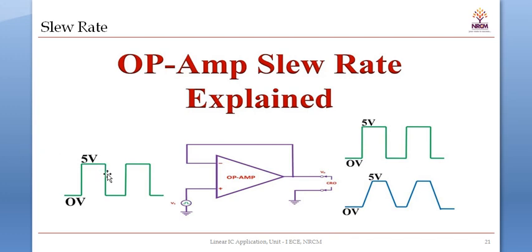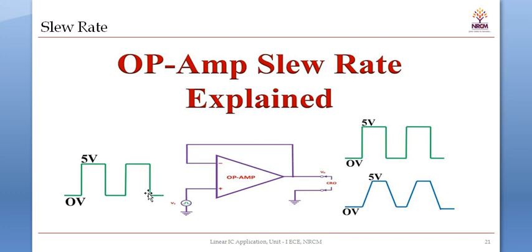Let us consider that the op-amp is connected in voltage follower configuration. In the voltage follower configuration the output voltage is given to the inverting input terminal, and to the non-inverting input terminal we attach the input voltage.